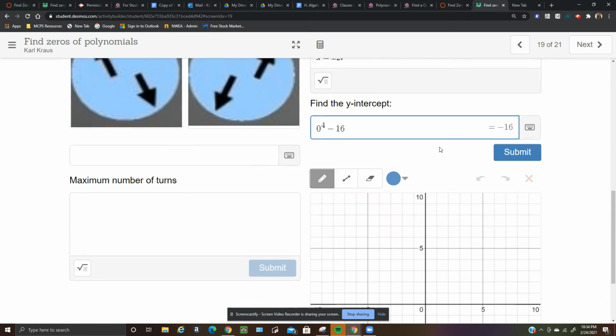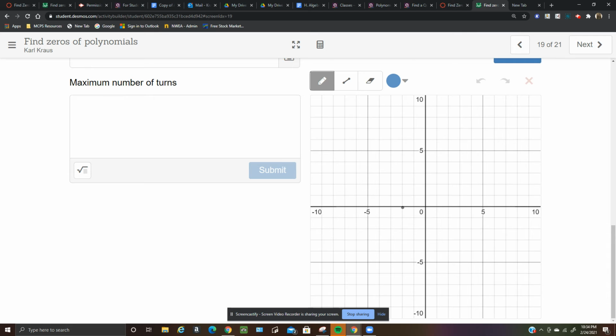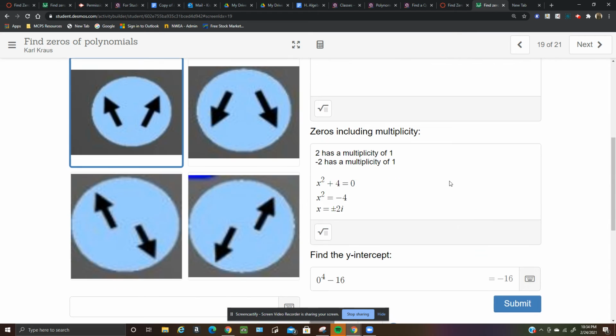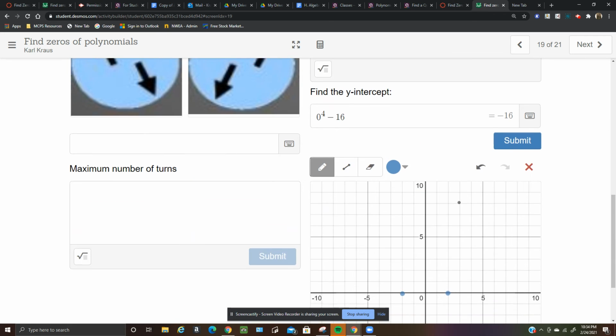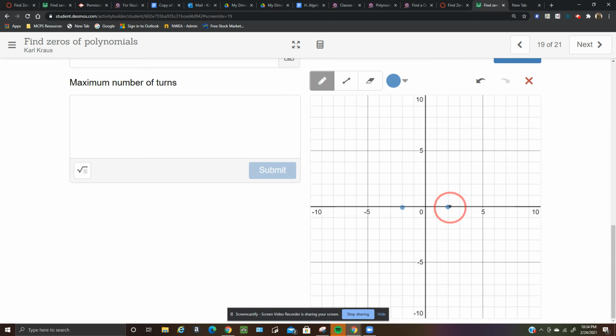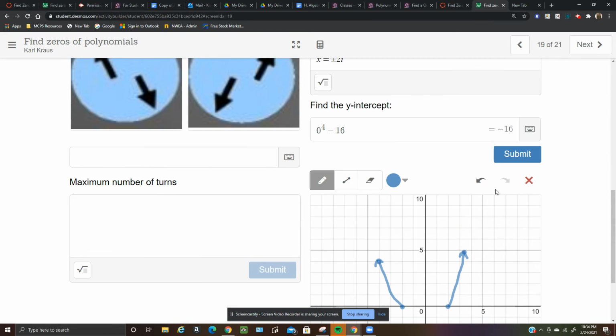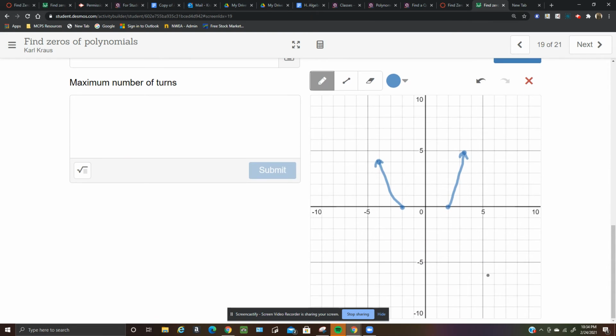And the zeros are at 2 and negative 2. And both ends go up. And 0, negative 16 is way down here somewhere.